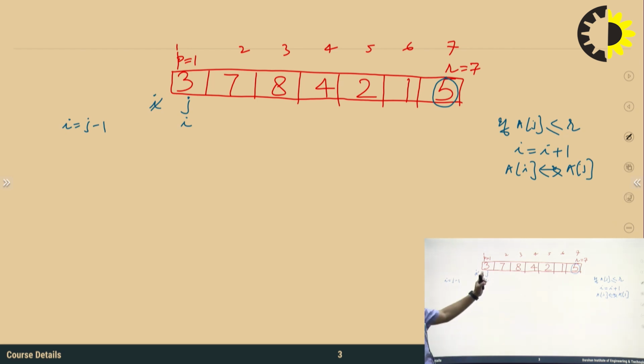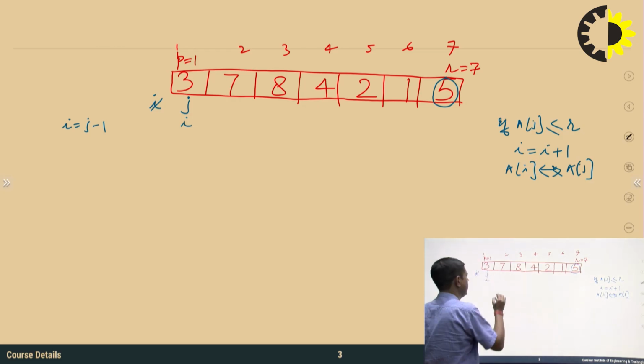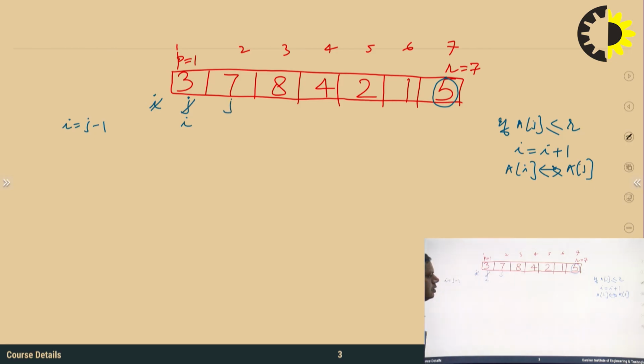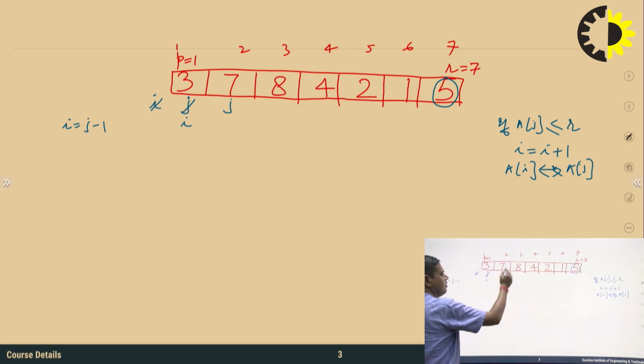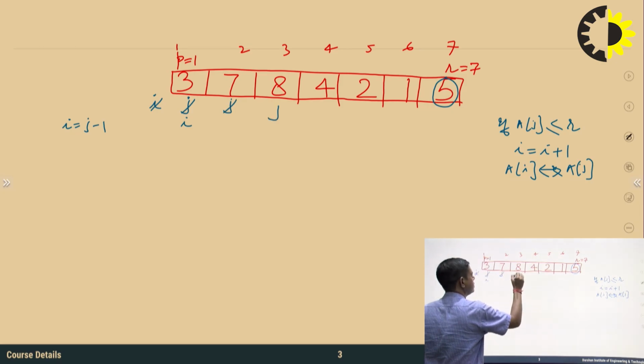In this case, the value of A[i] is 3, the value of A[j] is 3, which means 3 is replaced with 3. Then after that, we have to increase the value of j. In that case, j will come here. Again, we have to compare the jth index element with the pivot element. 7 is greater than 5, so in that case, simply j equals j plus 1.